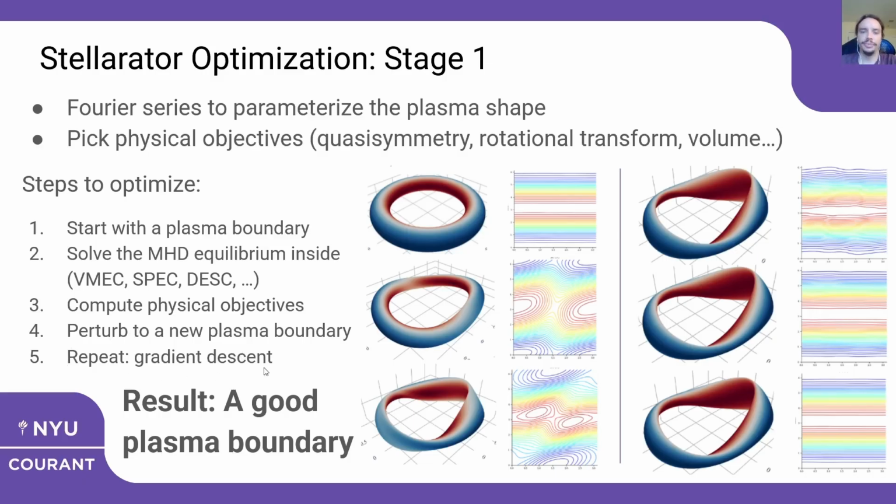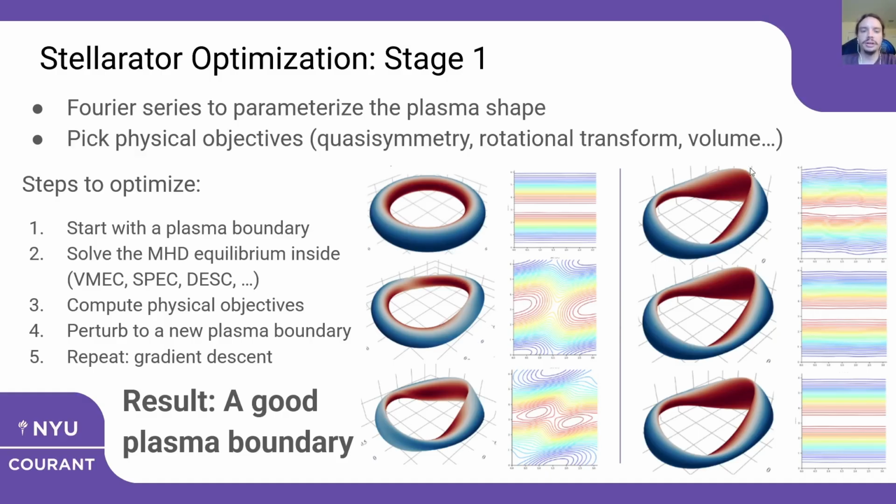So, for example, in this picture here, you can see that we have a stellarator that just looks symmetrical. It's just a nice tokamak donut. But maybe we want an asymmetrical device instead. Let's see if we can perturb it to something else, ruin the quasi-symmetry, but then get the quasi-symmetry back.